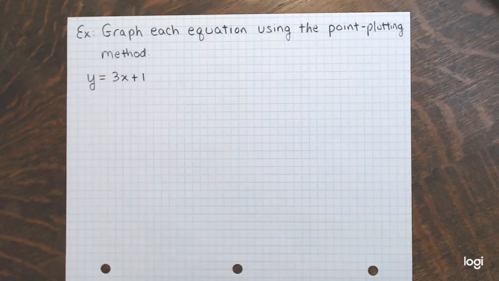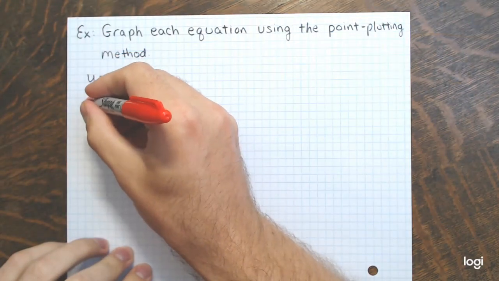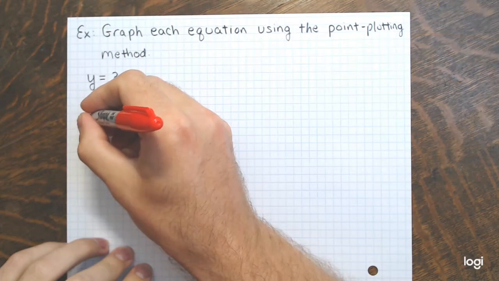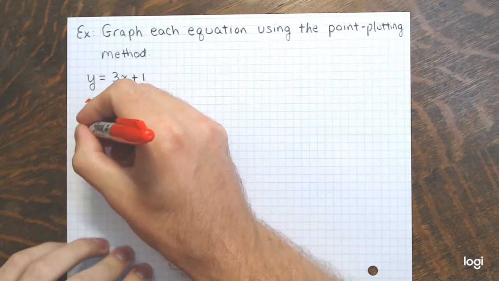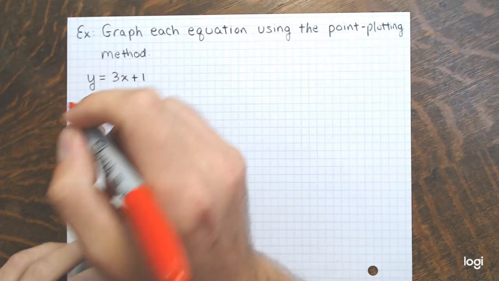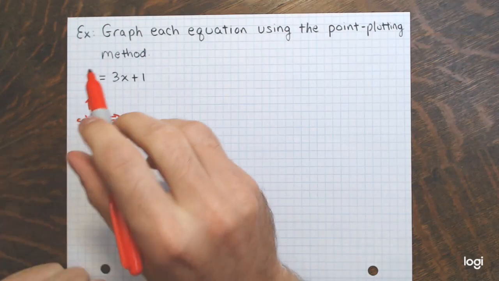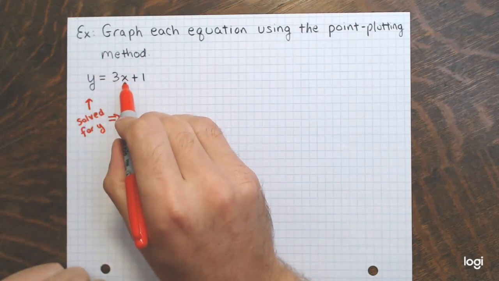All right, so what I'm going to do here is notice that this equation is solved for y. You see how y is all alone? It's solved for y, and that tells me an easy way to find solutions to this equation would be to substitute values for the x variable.